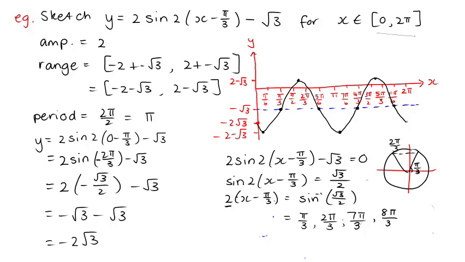Okay. Now we need to rearrange to get x. So you're going to divide each solution by 2. Pi on 6. 2 pi on 6, which is pi on 3. 7 pi on 6. And 8 pi on 6, which is 4 pi on 3.